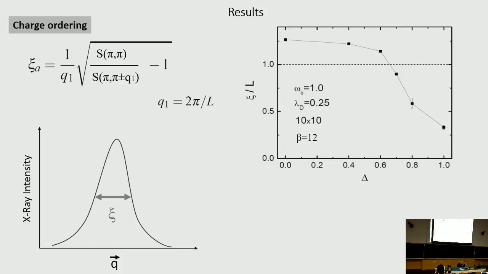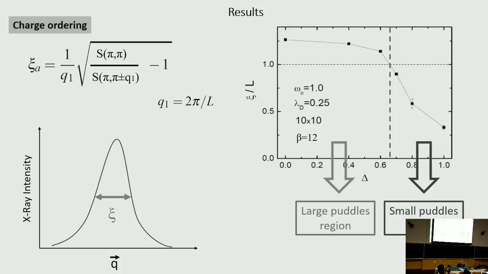In other words, we have very large puddles for weak disorder strength, and small puddles, because this parameter is small, when we have large disorder strength. So at this point, in this crossover from large to small regions, maybe we have something special.